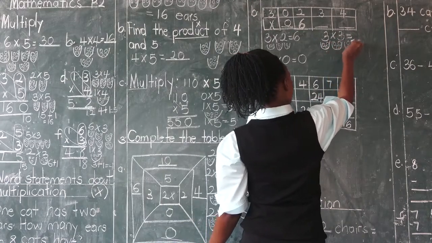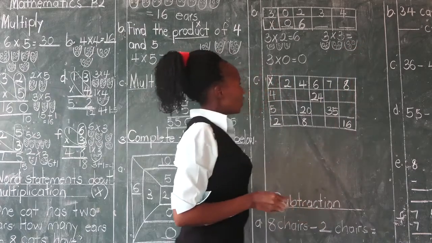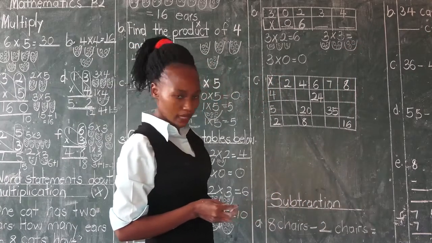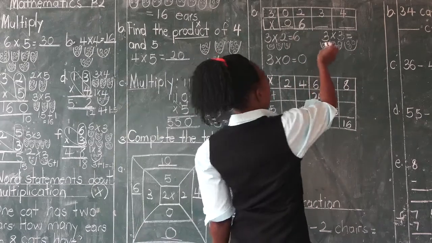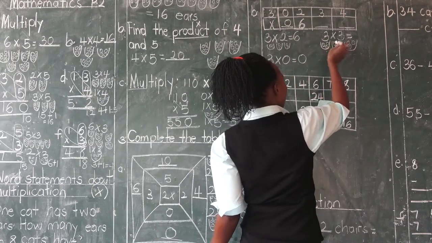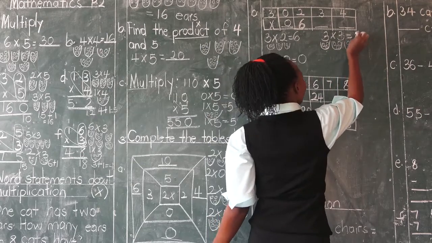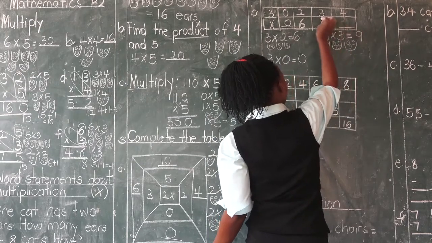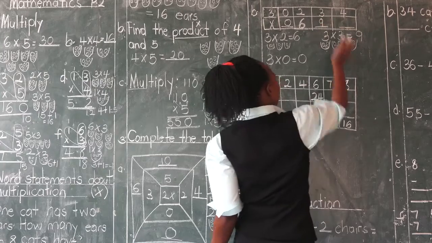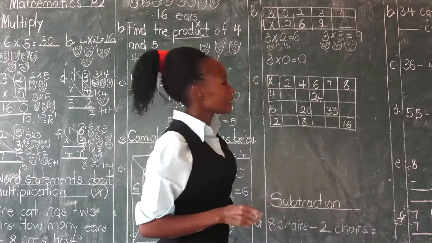We are going to put 3 in each group. After doing so, now we are going to put them together. Let's see. 1, 2, 3, 4, 5, 6, 7, 8, 9. The answer here is 9. 3 times 3 we shall get 9.